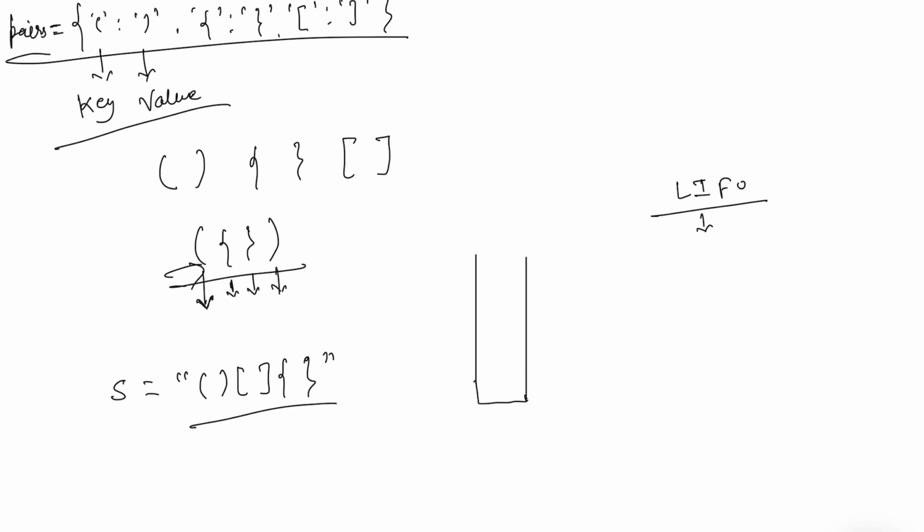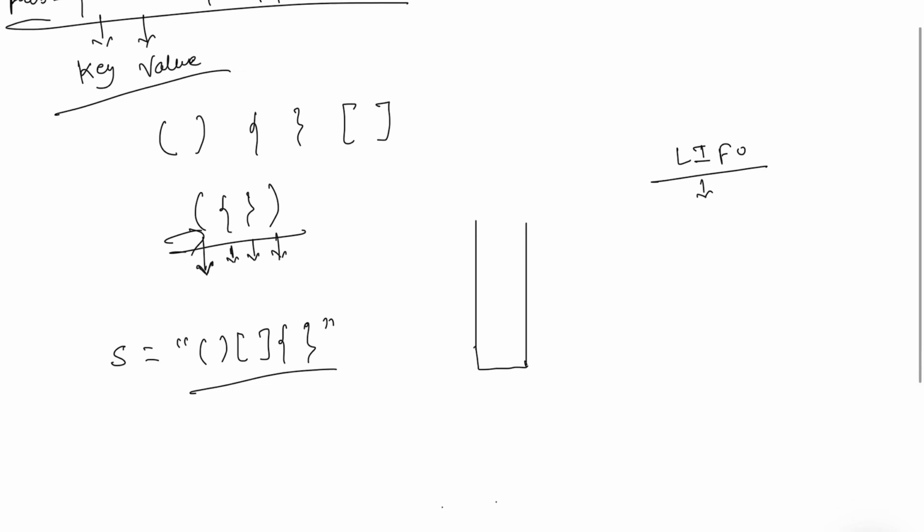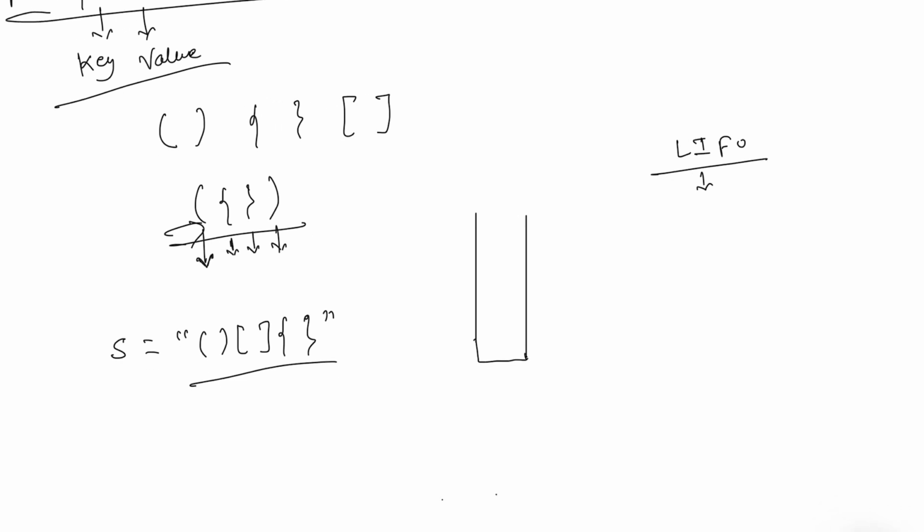So what I will do, whenever opening bracket will come, I will push inside the stack. So this opening bracket has come, I have pushed inside the stack, and now this closing bracket has come. So what I will do, I will check if this bracket is equal to whatever has been pushed inside the stack, we have to pop that one.